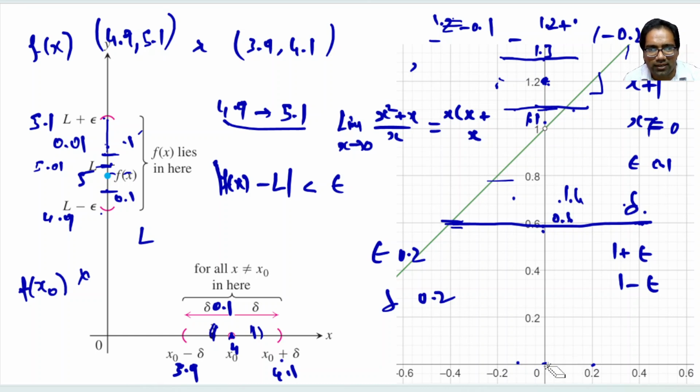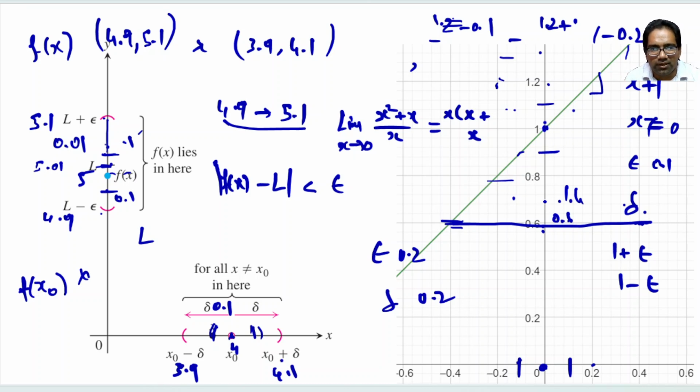I cannot find a range of x around 0, right? I cannot find x minus delta and x plus delta such that this graph is entirely lying in this range, right? It is not possible. It is only possible when I pick the limit as 1. If I don't pick the limit as 1, it is clearly impossible for me to pick a delta such that whatever epsilon you are giving, my graph will lie in that range.